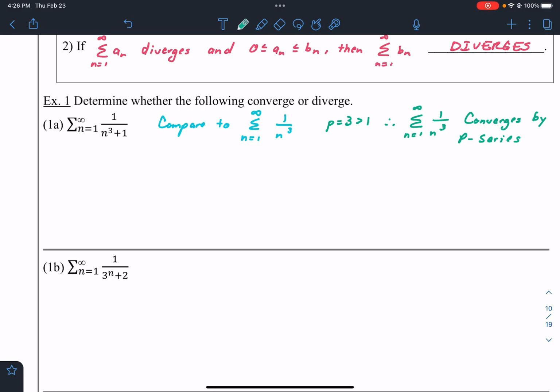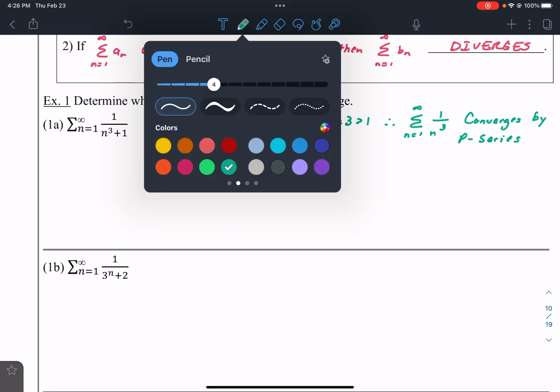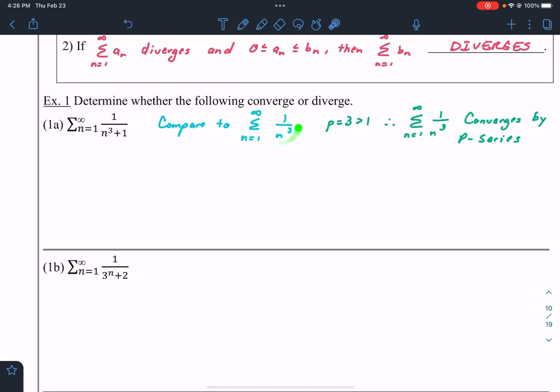So here's the rest of the analysis. If this series right here converges, the question is, is this series always going to be less than this one? Because if so, then I'm going to be able to say that this one also converges. So we are doing a comparison between this series and this series.